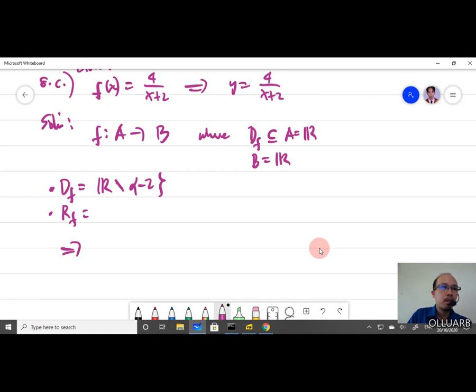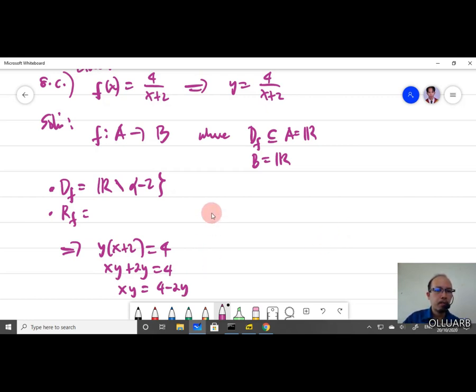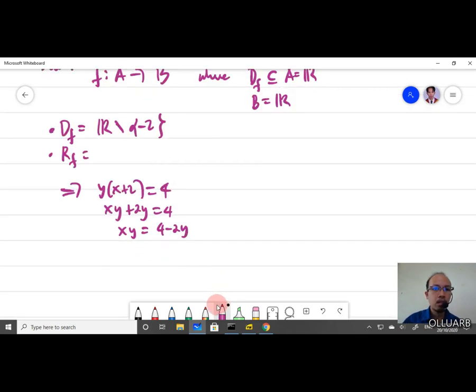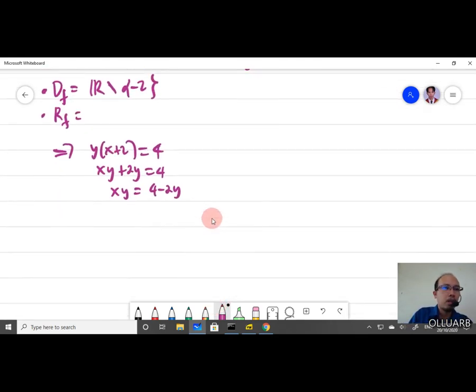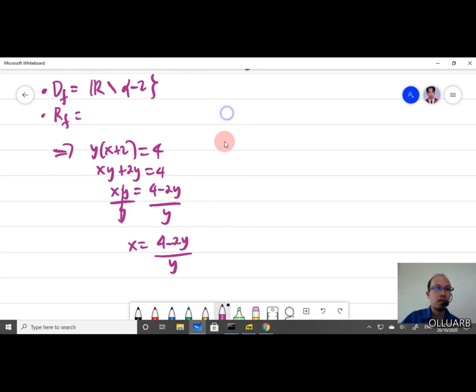So cross multiply, so we have y times x plus 2 is equal to 4, xy plus 2y is equal to 4, and then transpose 2y to the other side, then divide both sides by y. So we have x is equal to 4 minus 2y over y. So this is undefined when y is equal to 0.